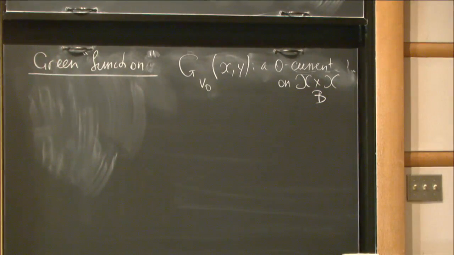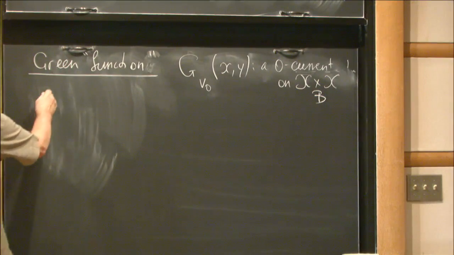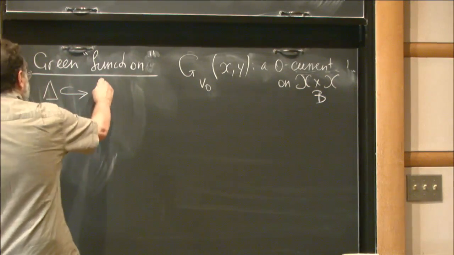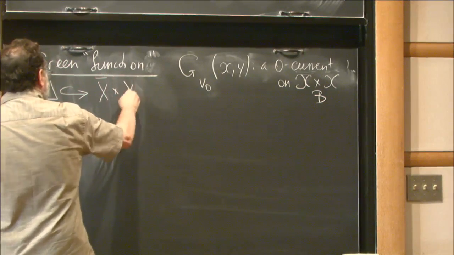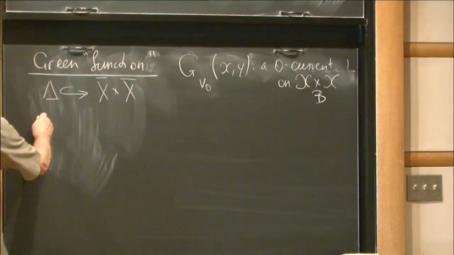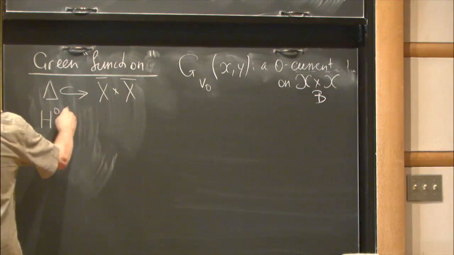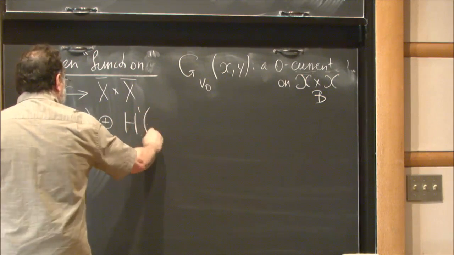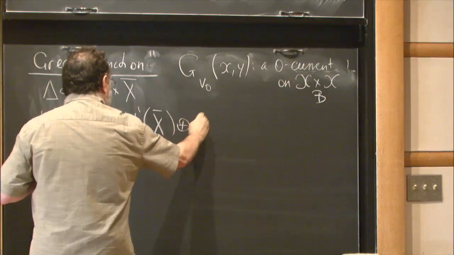So I assume now that I just have a curve, not a family. And so I take the diagonal and embed it into X cross X. I'm doing this construction fiber-wise first. And then I'm going to talk about cohomology groups of my curve X bar: H0, H1 and H2.